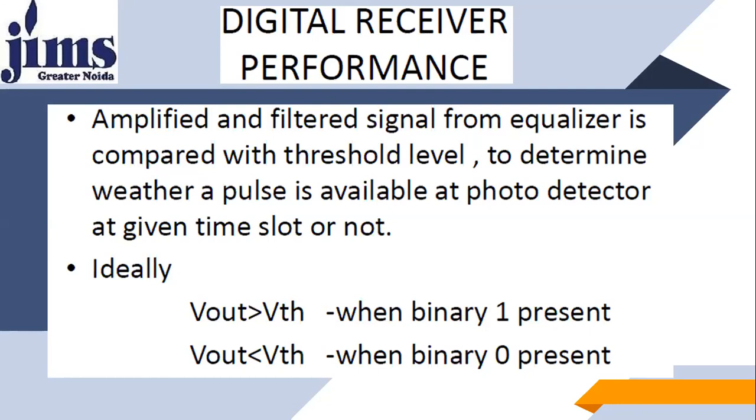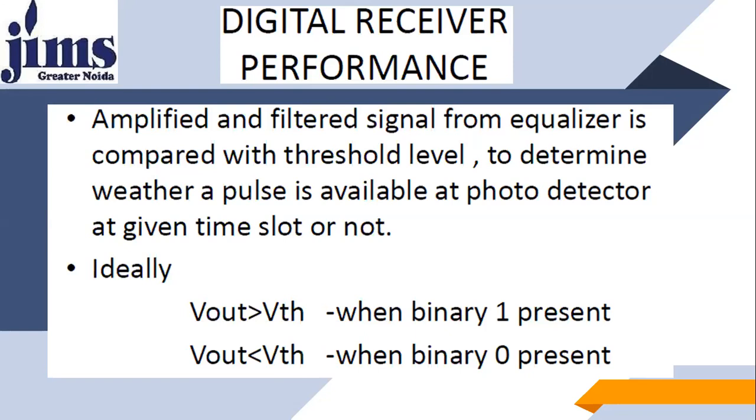After that, we have to compare the output, after removing the noise contents and amplifying the signal voltage, with the threshold level. Threshold level is already predefined at the receiver by the engineers. So whatever output comes after filtering or amplification, this voltage level is compared with the threshold.